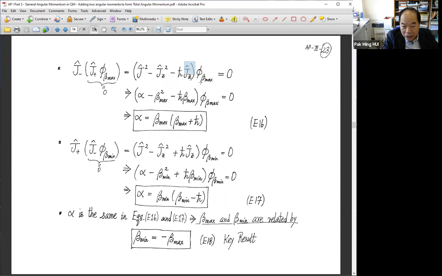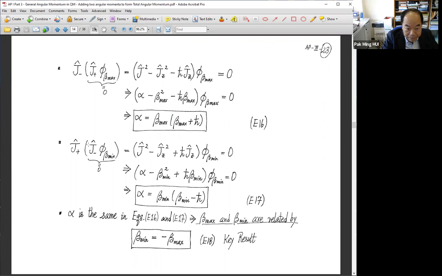The last term again, JZ, will give me beta maximum, the same state. Nonetheless, when we start off, it is 0. And suddenly we have a relationship between the length squared of the angular momentum and the maximum value, being beta maximum times beta maximum plus h bar. Some familiar formulas start to emerge.